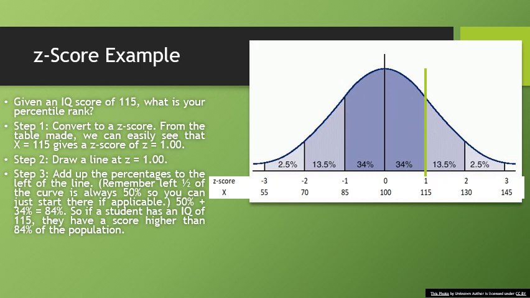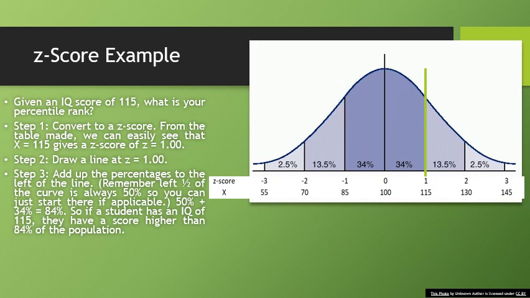Now all I need to do is add up all the percentages to the left of that line. I can add them all up, 2.5 plus 13.5 plus 34 plus 34, or I can realize that half of that curve from the middle to the left is 50%. So if I just start with 50% and then add 34% more, that gives me 84%.